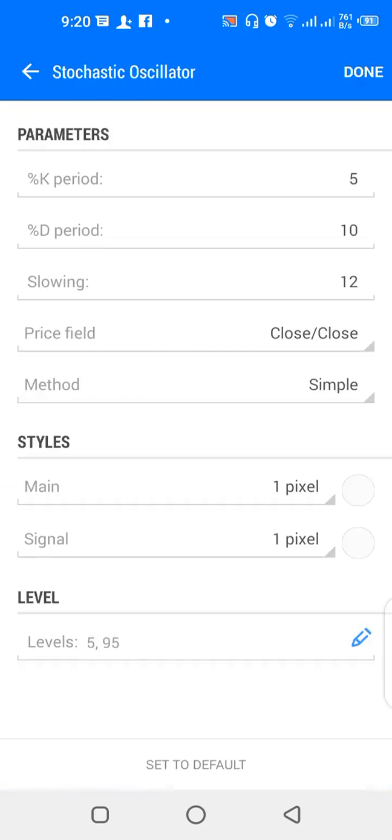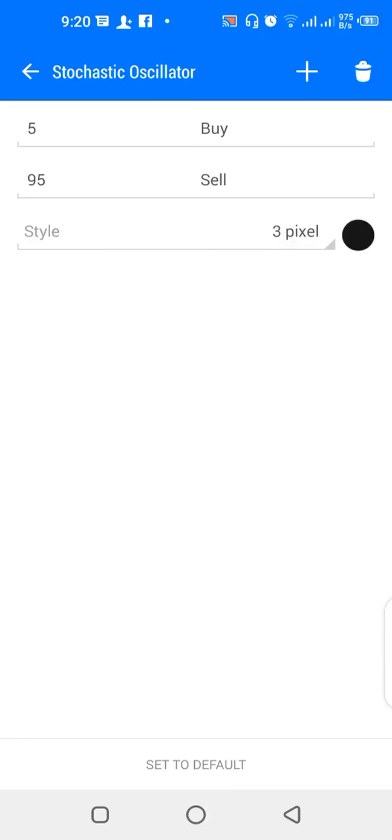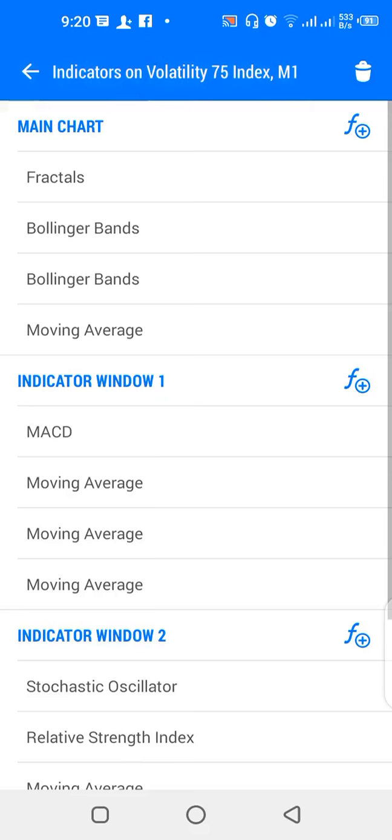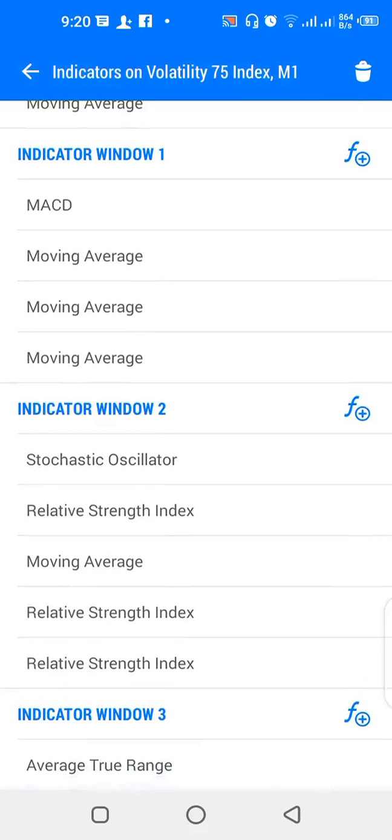You have stochastic: percentage K is 5, percentage D period is 10, slowing is 12, price field is close, method is simple, of course no color. Then we have levels: 5 and 95, color is black. That's for the stochastic.